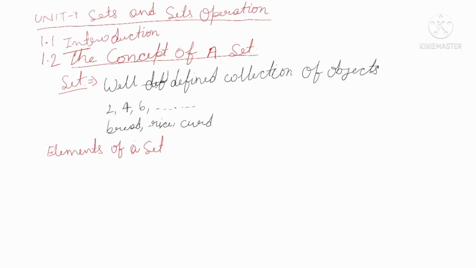An object which belongs to or is a member of a set. Any object which belongs to a set will be known as the element or the member of a set. For example, here you can see, an object which belongs to or is a member in a set. It is better if I write, so let me change the color.